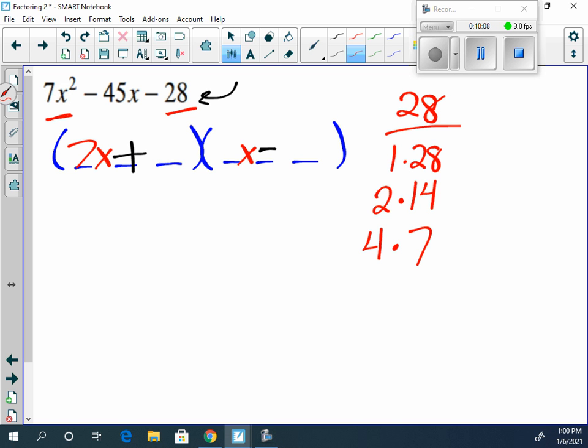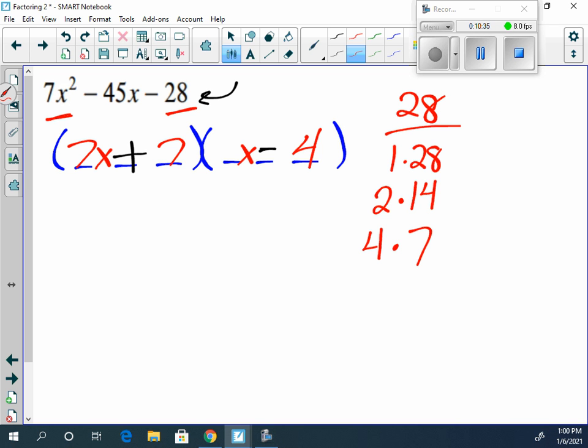Now looking at these here, which one do we want to try first? Four and 7. So we can set it up like this here, yes? I'll tell you right now, this one's not going to work, and there's a reason why. Does anybody have a guess at why we know that this one shouldn't work? I do need to flip the 4 and the 7.